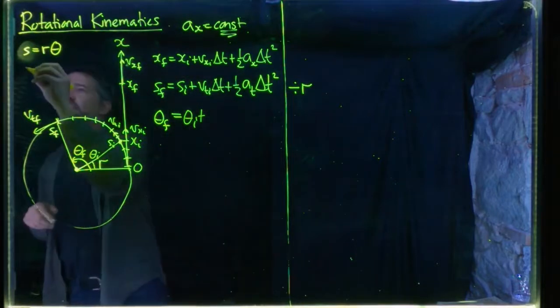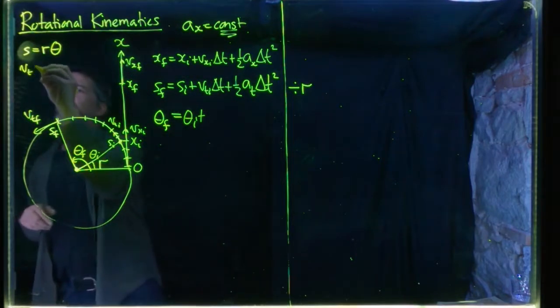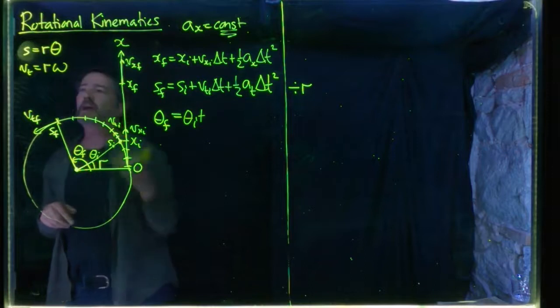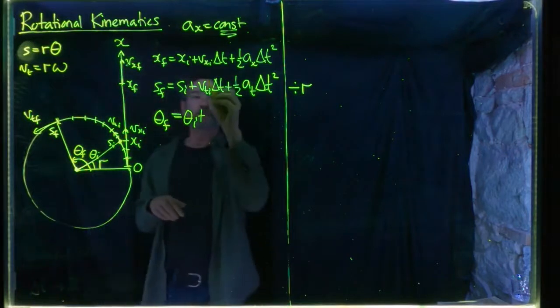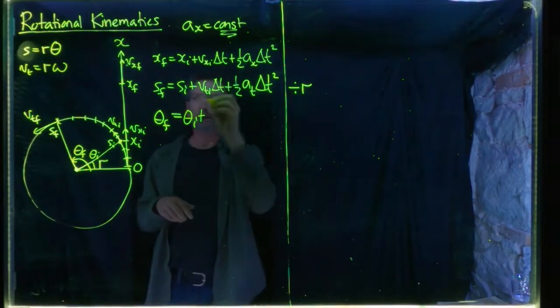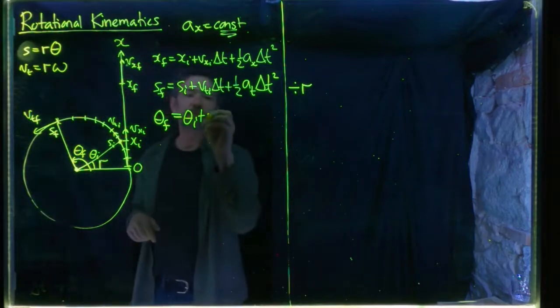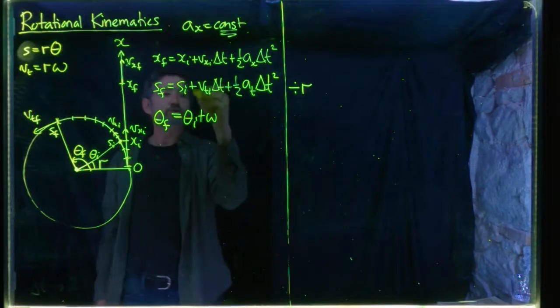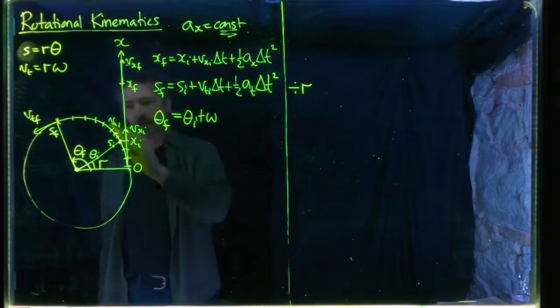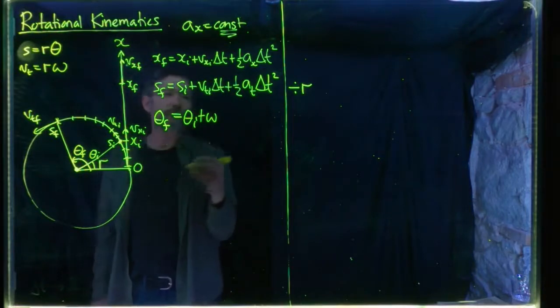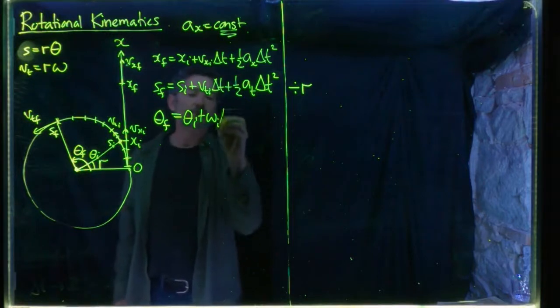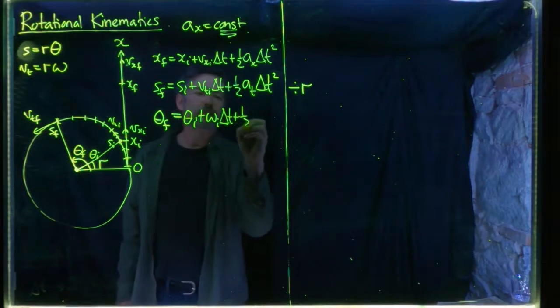Remember that the tangential velocity is equal to R times the angular velocity. So if we take V tangential and divide by R, we get omega. So it shifts from initial tangential velocity to initial angular velocity, omega initial times time interval delta t plus 1/2.